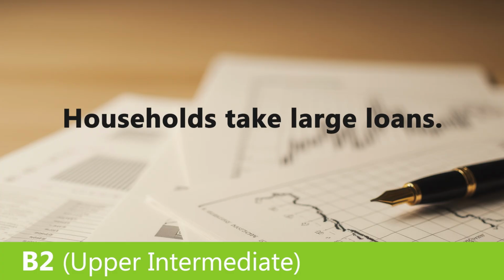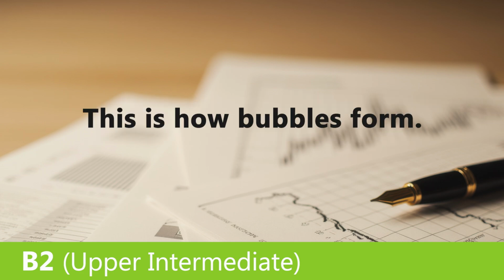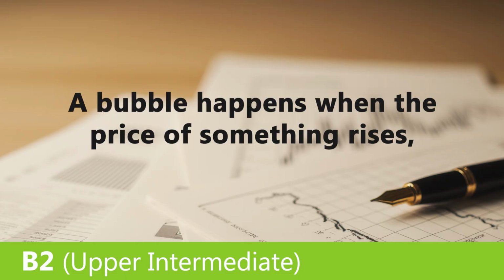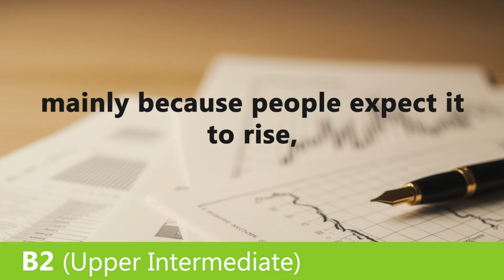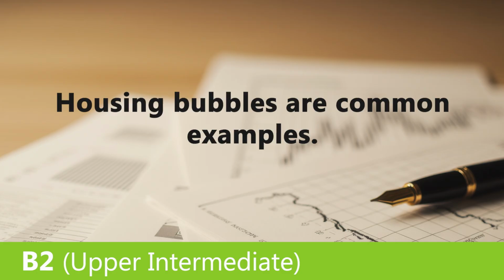Households take large loans. Investors start believing that prices will always go up. This is how bubbles form. A bubble happens when the price of something rises mainly because people expect it to rise, not because its real value increased. Housing bubbles are common examples.